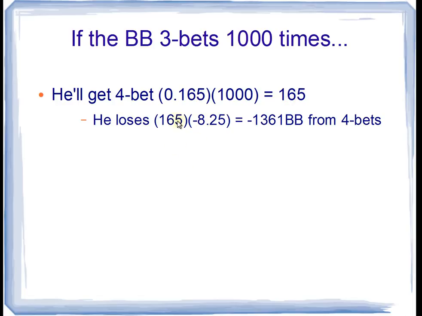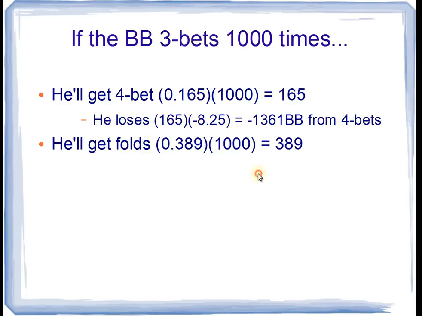So he'll thus lose 165 times negative 8.25 to lose 1,361 big blinds pre-flop from 4-bets. Remember, the 3-bet size was 9.25 big blinds when out of position, so that means the big blind effectively risked 9.25 minus 1 for 8.25 big blinds total. So in other words, when the big blind 3-bets and folds to a 4-bet, he lost 8.25 big blinds more than he would have if he had just folded pre-flop without 3-betting.